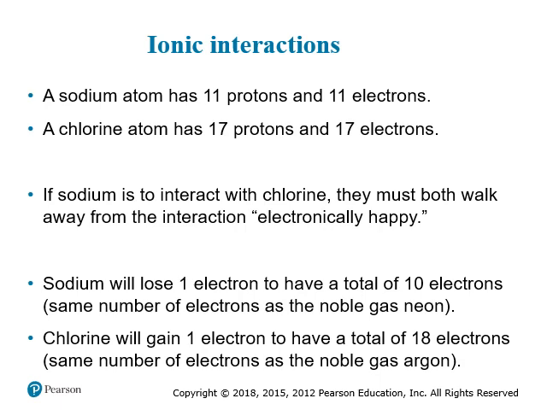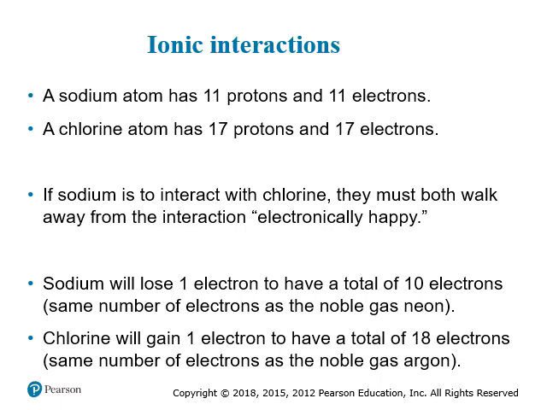Sodium at element number 11 is closest to element number 10, neon. So if sodium is to interact with chlorine, it wants to lose one electron so that it has a total of 10 electrons, the same number of electrons as neon. Chlorine, on the other hand, with 17 electrons, is nearest argon, element number 18.